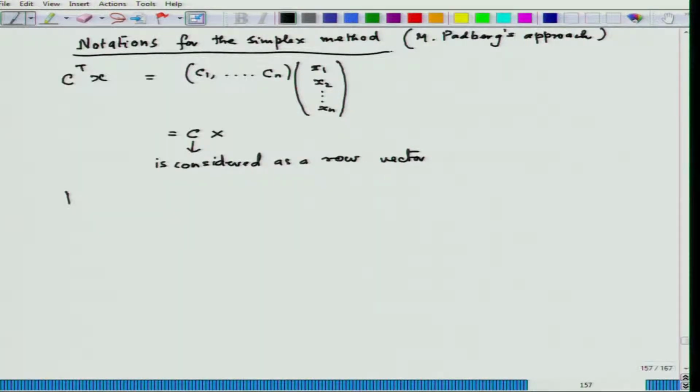For simplicity we will write B to be an M cross M submatrix of A. Of course, A has full rank and no zero rows or columns. So, B is a basis matrix. This is our notation.